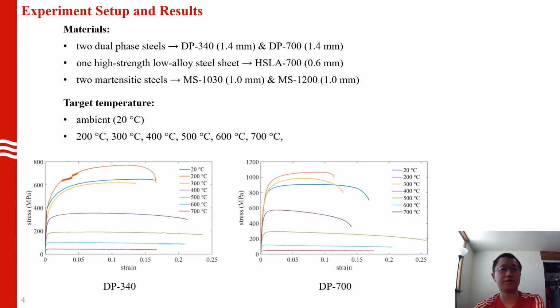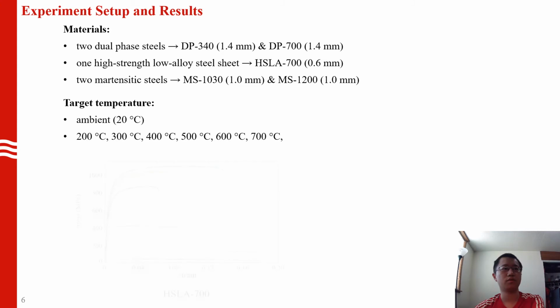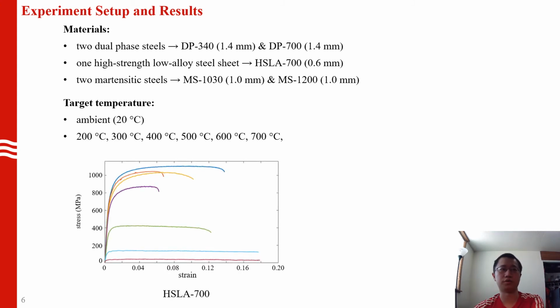This is the test result for the two DP steels, and these are the stress-strain relationships for the two MS steels at different temperatures. And the last one is for the HSLA. We notice that all curves show some unique characteristics. One is the rounded curve shape, and we do not see any clear or distinct yield point or yield plateau, but a gradual yielding process.